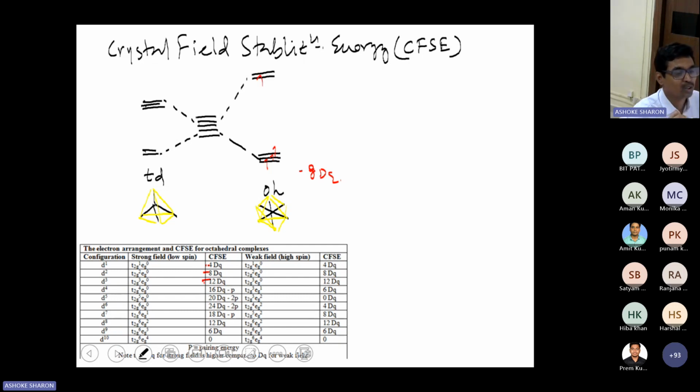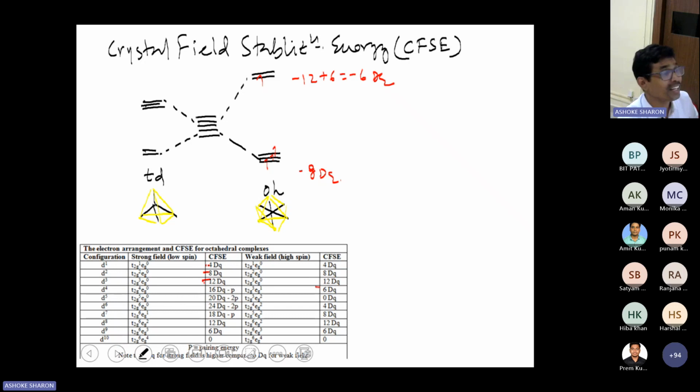So for that, it will be minus 12 plus 6, that is equal to minus 6 Dq. So you see for the d4, it is minus 6 Dq, for the high spin.